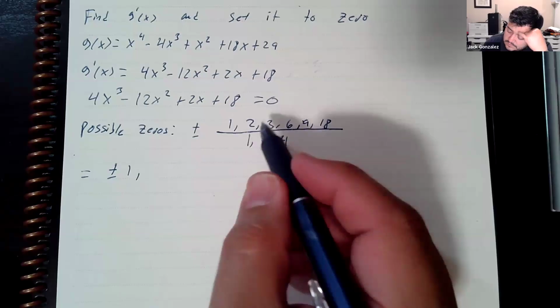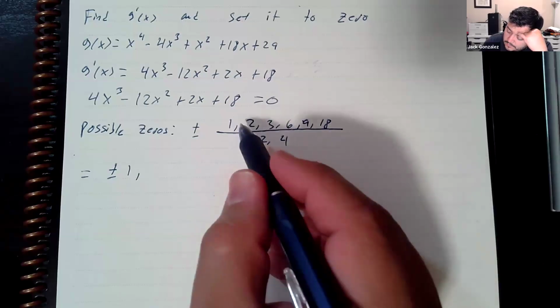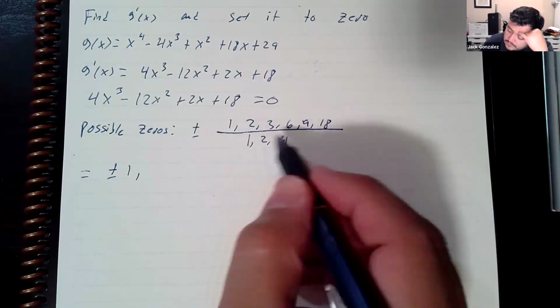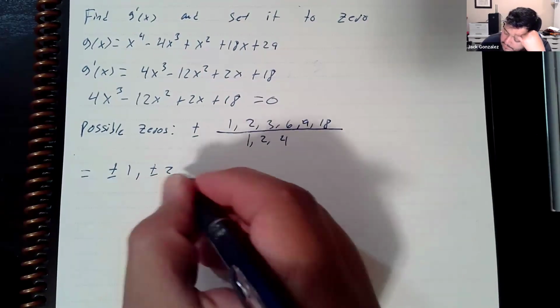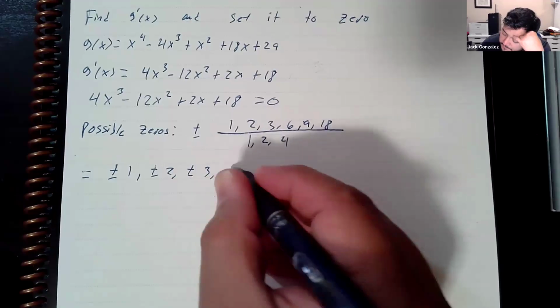Let's do it this way. 1 over 1, 2 over 1, 3 over 1, 6 over 1, etc. Get all the whole numbers first.